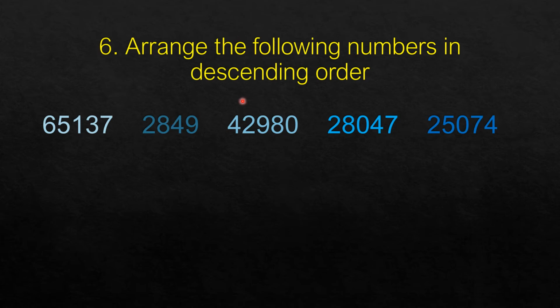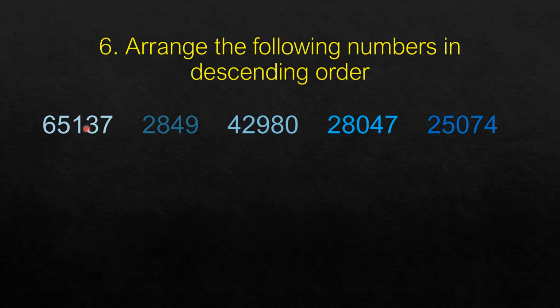Arrange the following numbers in descending order. Descending order means greatest number we should write first and then smaller ones. So here 4-digit number and all other numbers are 5-digit numbers. So first we should write the 5-digit greater number. So we see the first number 60,000.